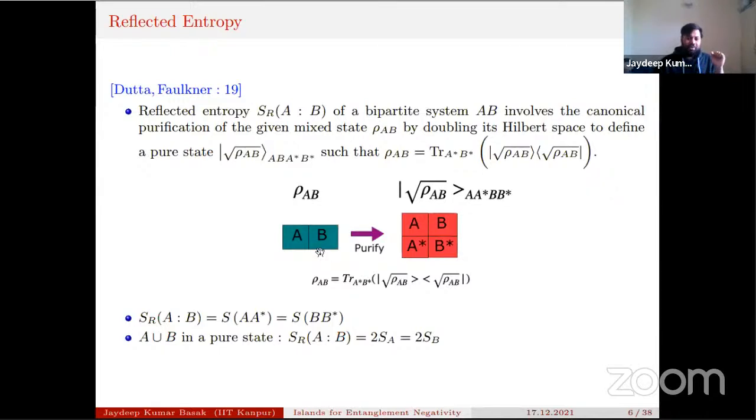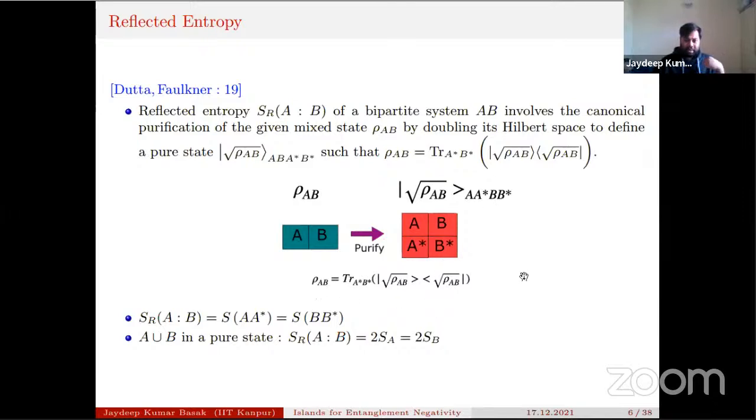So here, A and B are two intervals, or two subsystems, which constitute a system in a mixed state, and we try to purify it canonically by taking A star and B star, which are basically copies of A and B. In that case, where we have A, B, A star, and B star, we can define a pure state root rho AB, such that we can get back rho AB if we trace out A star B star from this density matrix.